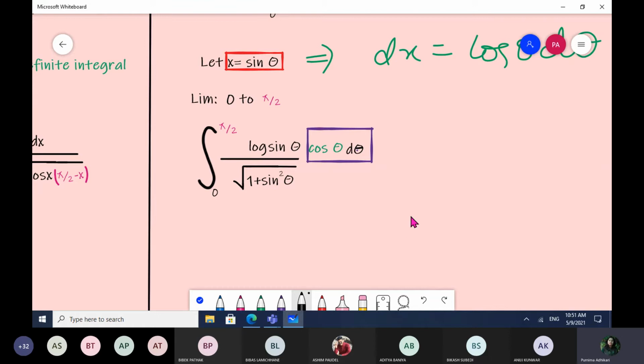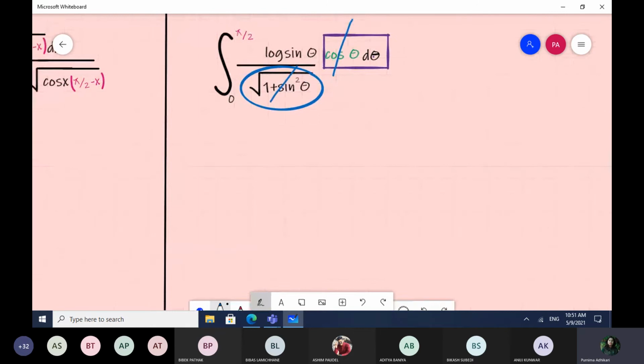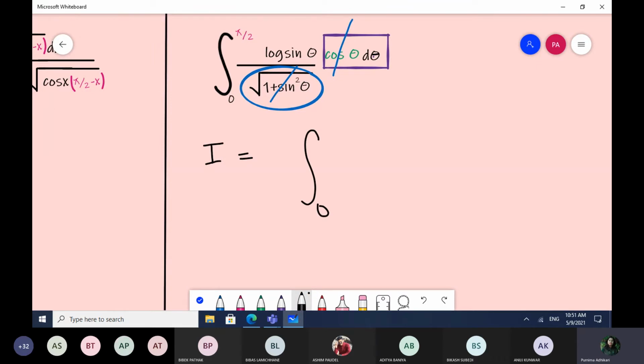So what do you say in the next step? What will be your function? What is 1 over root under 1 minus sin square theta? It's cos theta, isn't it? So the cos theta above and this cos theta cancel out, and we are left with only log sin theta. Sorry, it's minus. I made a mistake with the sign.